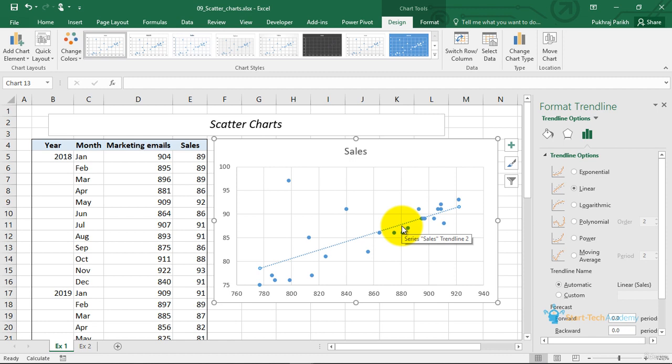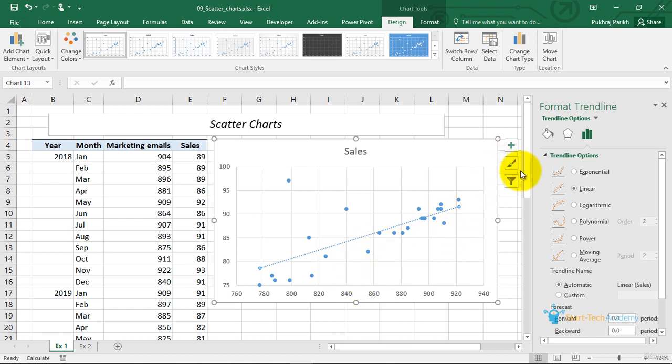So by sending out 100 additional emails, we will have an increased sale of 9 to 10 units. So the slope of this line is telling you the change in the y-axis with the change in the x-axis.